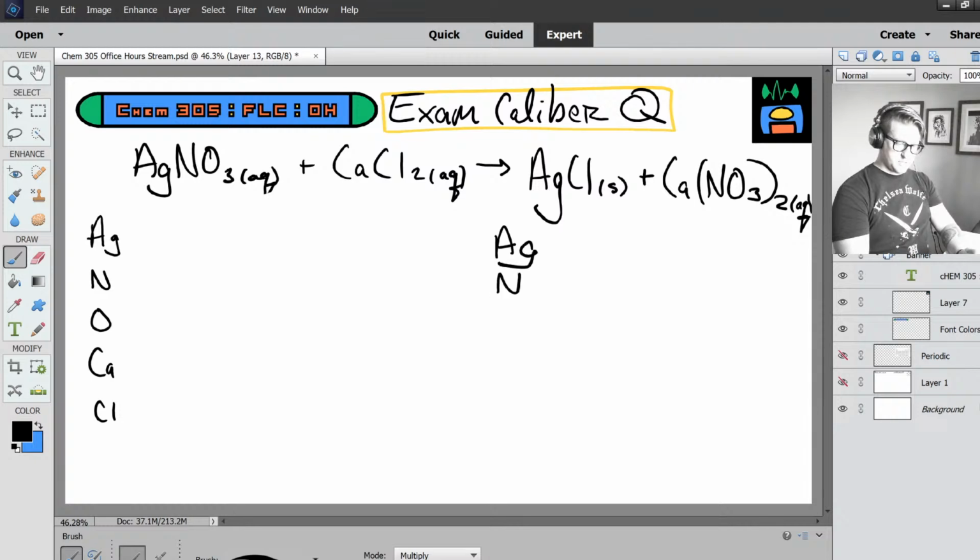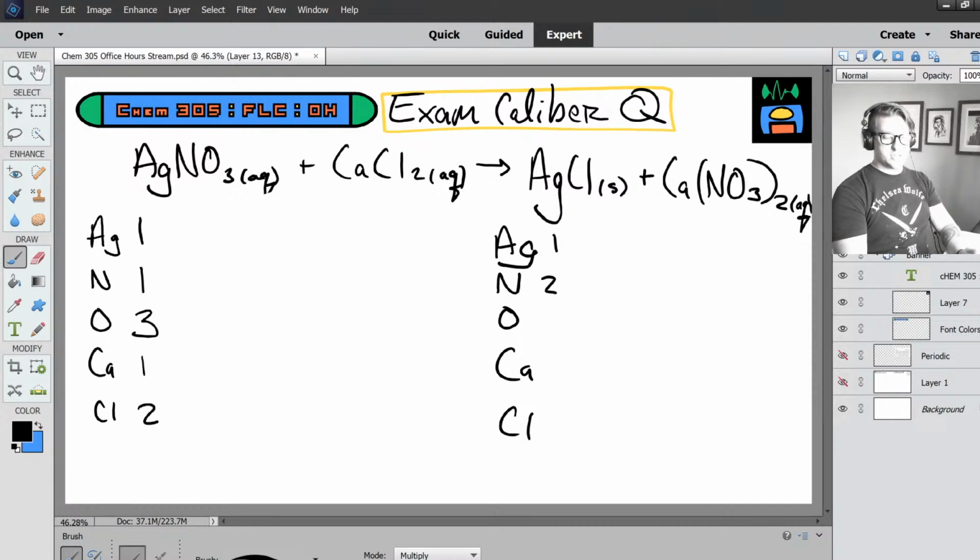On our reactant side, we have 1 silver, 1 nitrogen, 3 oxygen, 1 calcium, 2 chlorines. On our product side, we have 1 silver, 2 nitrogen, 6 oxygen, 1 calcium, 1 chlorine.